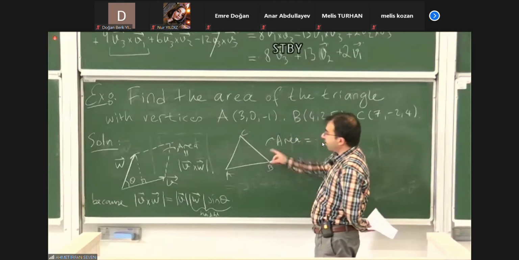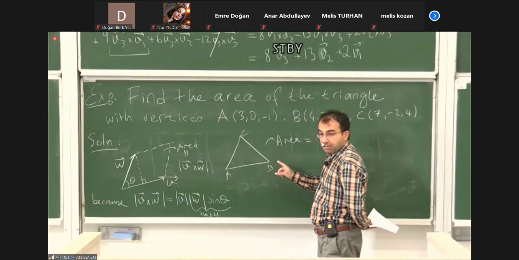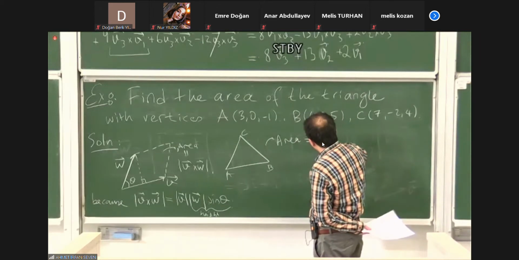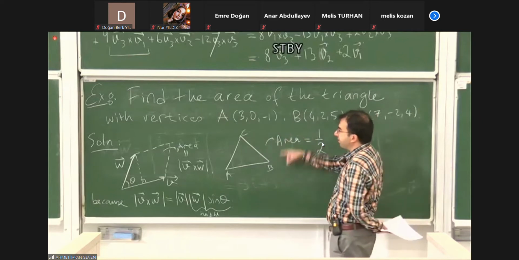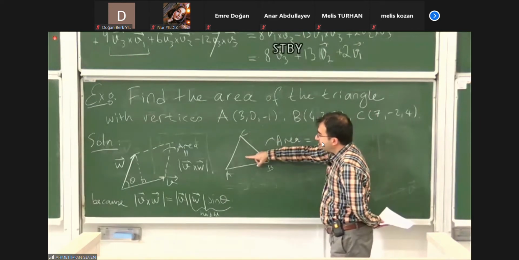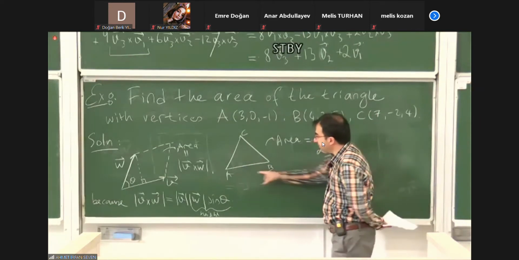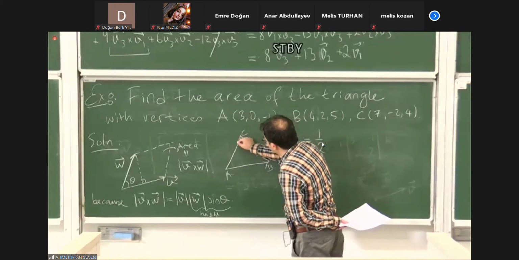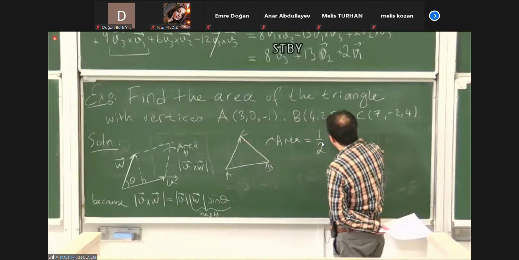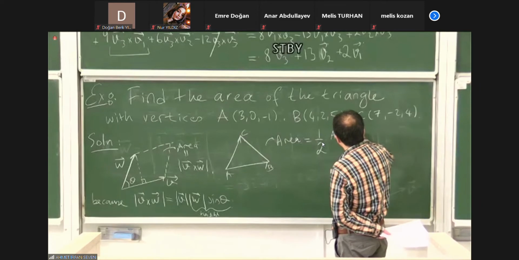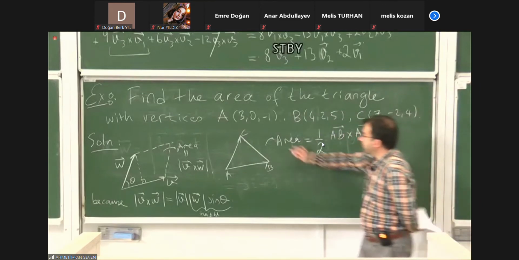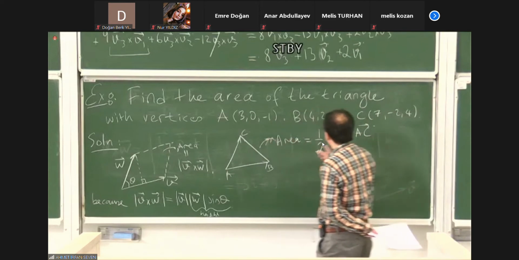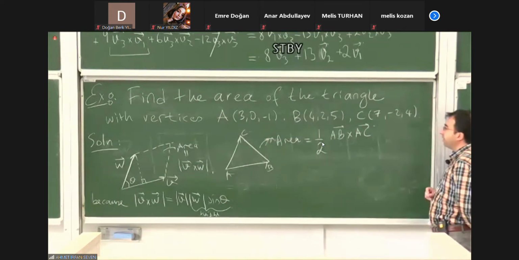Well, this is a triangle, not a parallelogram, but obviously it will be half of the area of this parallelogram determined by these vectors AB and AC. So the area of this triangle will be 1/2 times the length of AB cross AC.